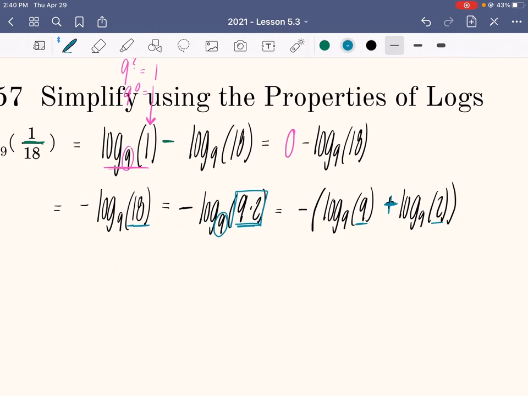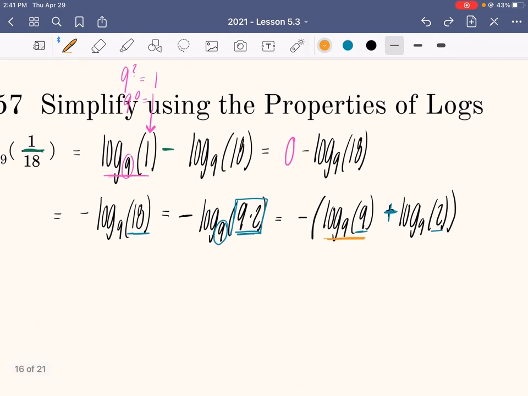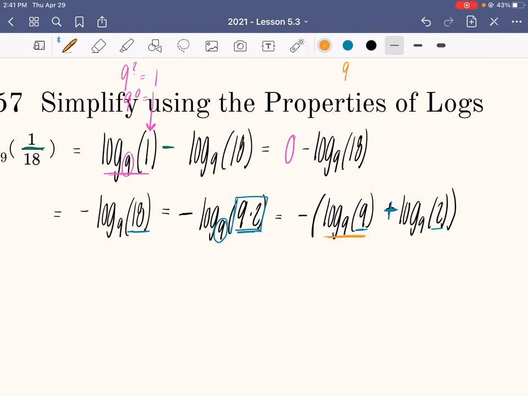The reason that I'm going to do that is because, again, I notice a special property here. When you've got log base something of that same number, so same base, same number, that is always going to give you 1. That's another one of our special properties. And if you don't remember that off the top of your head, just take a look at that and see, 9 to the power of what gives me 9? Well, 9 to the power of 1 gives me 9. So if these two numbers are the same, that gives you just 1.